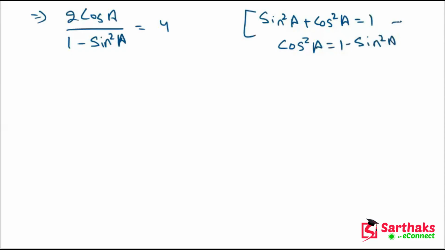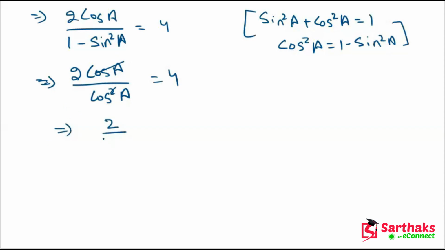This is an identity. So 2 cos A divided by cos square A is equal to 4. Now one cos from the numerator and one cos from the denominator will cancel. We get 2 upon cos A, which is equal to 4.